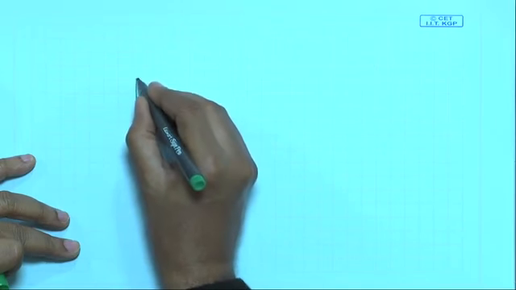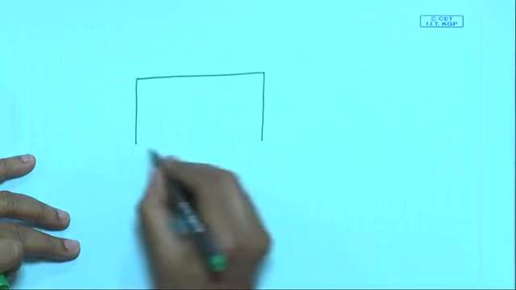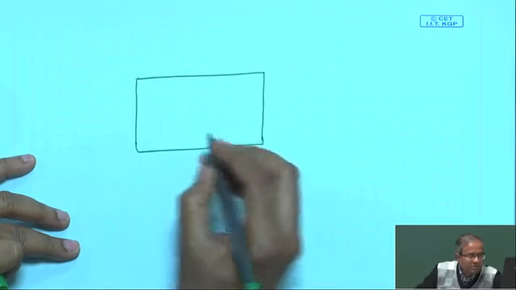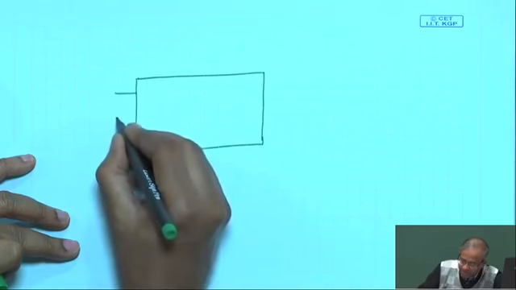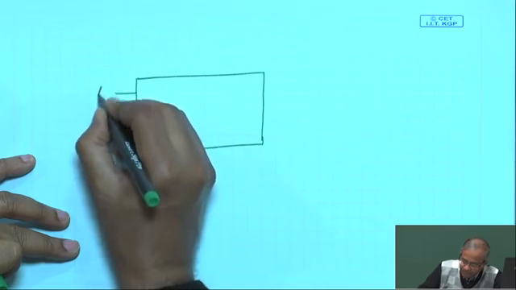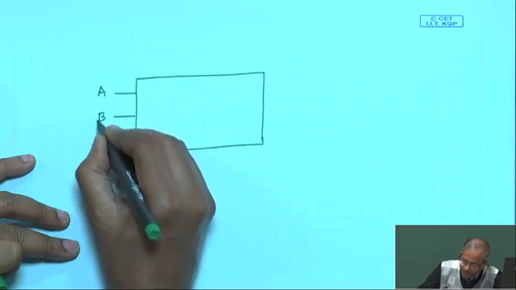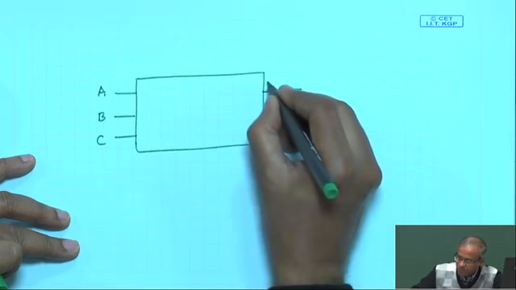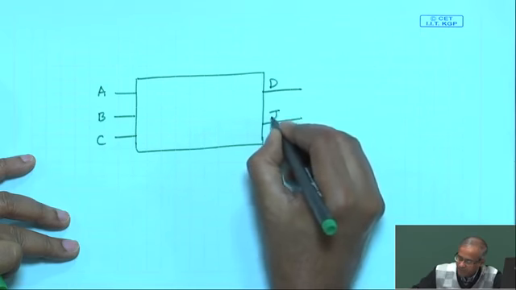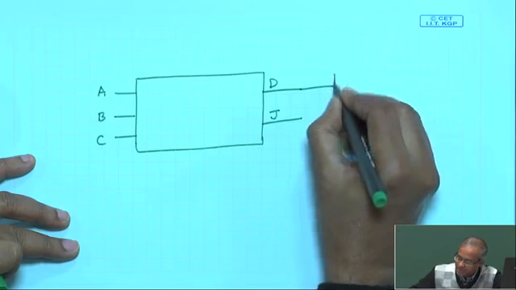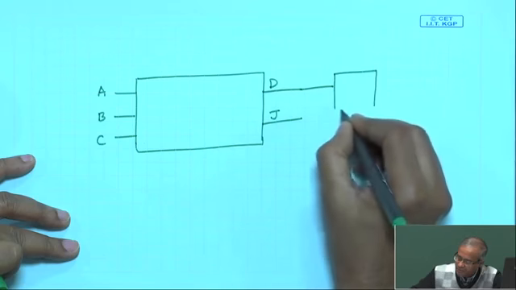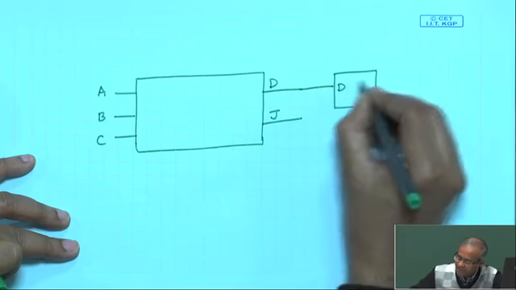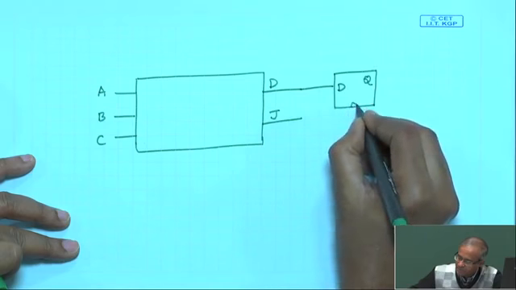I am showing this circuit as a box, a black box. A, B, C are the inputs, right. D and J are the 2 outputs. Let us suppose these are fed to some storage elements, let us say flip flops, these are clock.